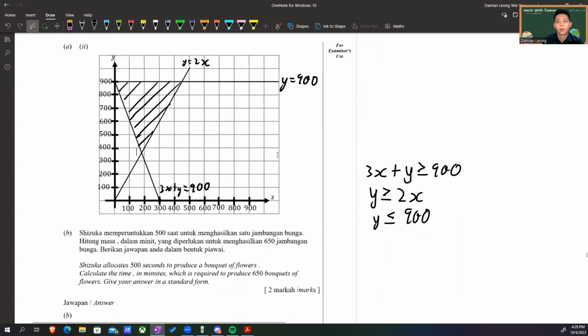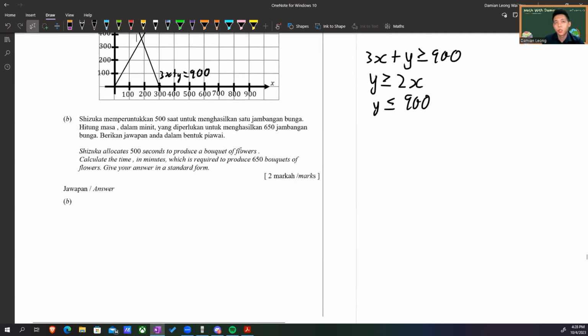As the part A. And part B, Shizuka allocates 500 seconds to produce a bouquet of flowers. Calculate time in minute which is required to produce 650 bouquets of flowers. So 500 seconds for one. 650 would be how long, basically.